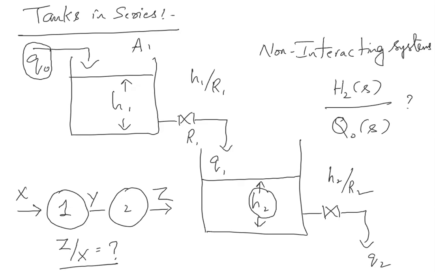So how do you derive this transfer function? Basically, the result is what we know, which is the product of individual transfer functions. So Q naught minus Q1 is equal to A1 into dH1 by dt.